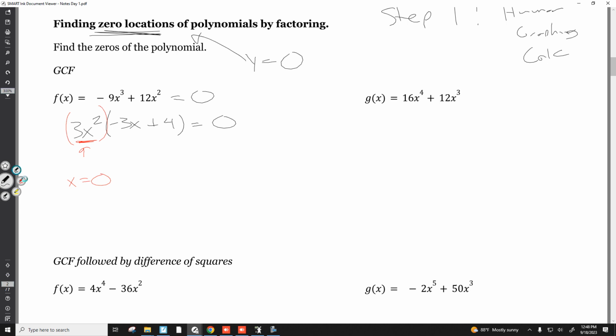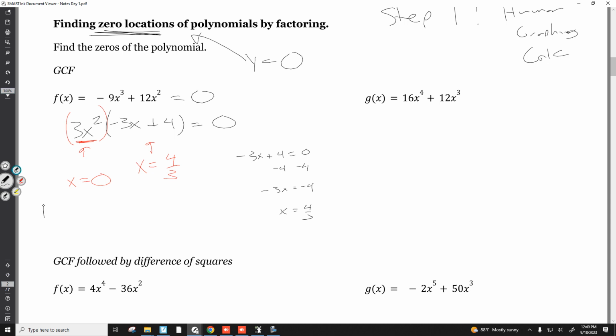Here, we did this last in unit 0, so I'm not going to spend time on it. Negative 3x plus 4 could equal 0. Subtract 4, you get negative 3x equals negative 4, you divide by negative 3, you get x equals positive 4/3. That's how I got the positive 4/3.